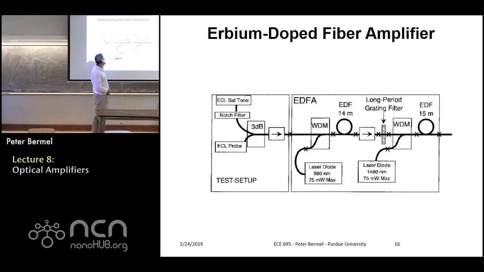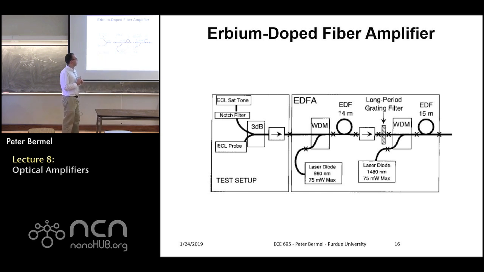The EDFA, of course, has several different components. Here, the pump is happening at 980 nanometers. Remember, we said that's one of the pump wavelengths. And then it's going through a filter, and there are actually two filter steps: a ring resonator filter, and then a long period grating filter.